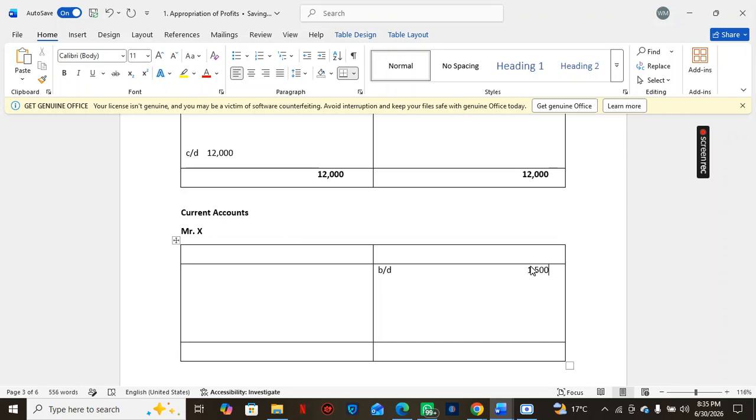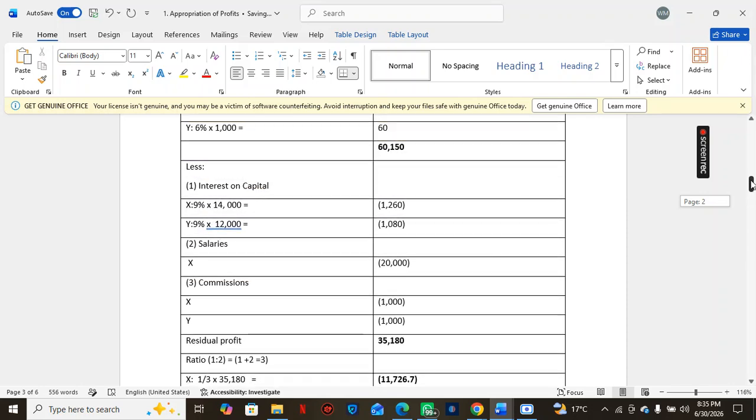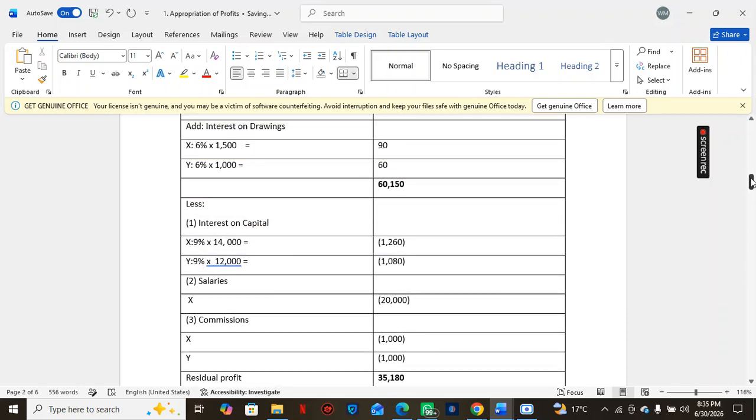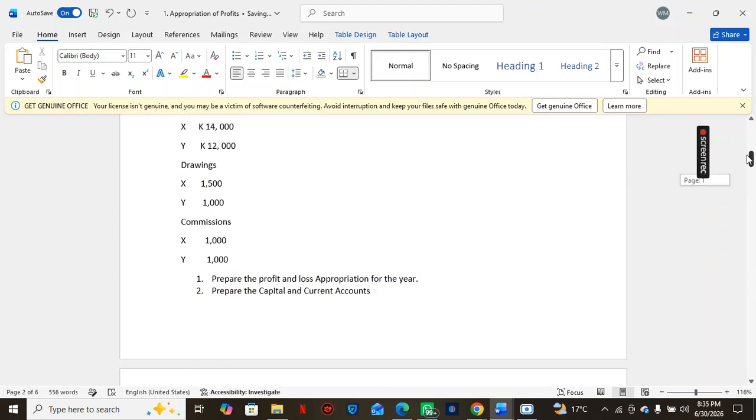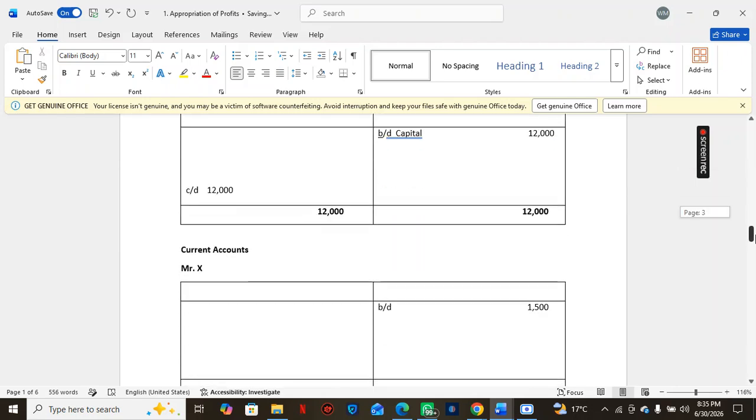Now we go to the information from the appropriation account to see what goes on to Mr. X's side. All right. So, drawings. Here we've been told Mr. X's drawings are 1,500. So these drawings are going to go on the debit side of the current account.